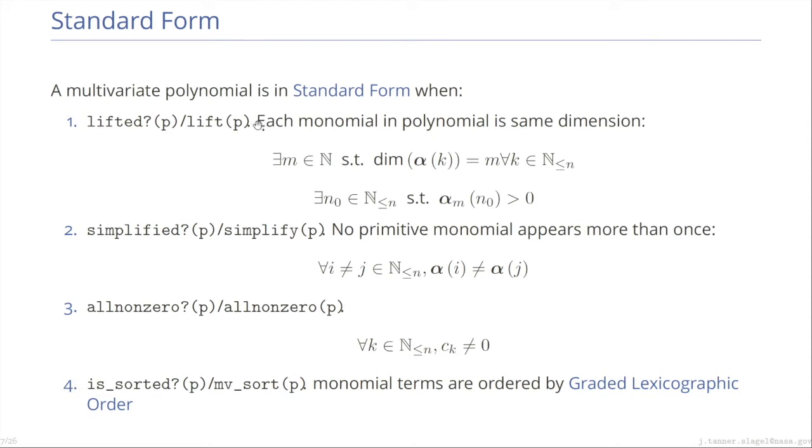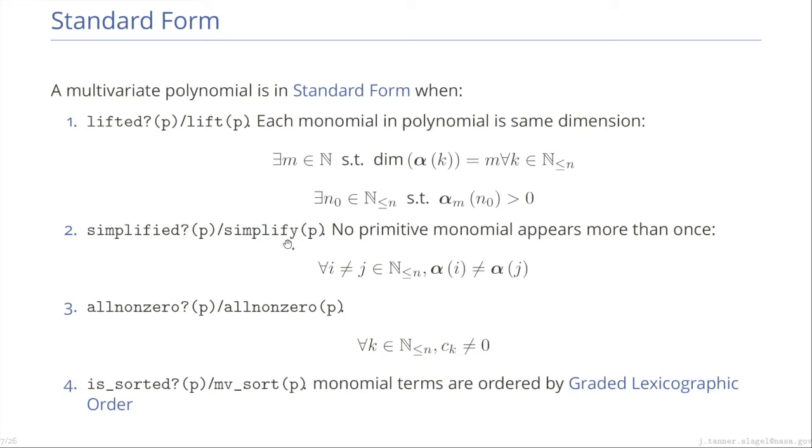A polynomial in PVS is in standard form when each one of these predicates is satisfied. So the lifted predicate enforces that each alpha list in every monomial in a multivariate polynomial is the same length, and that the last variable in the list is used in one of those monomials. This is essentially saying that the polynomial is written in the least dimensional space it can be written in, but all the monomials are written in that dimension.